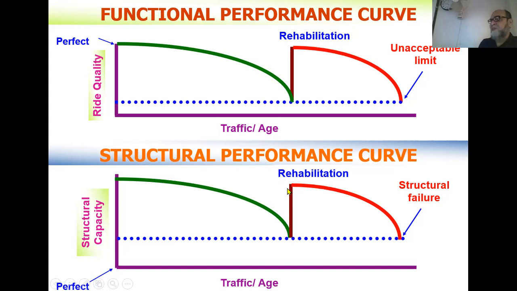Similarly, a rehabilitated pavement cannot replace a new pavement; its performance may not be as good, even though it is a new layer. It's very logical. So the second height will not reach the first height anyhow, either in functional or structural terms. There is no replacement for the new thing, right?